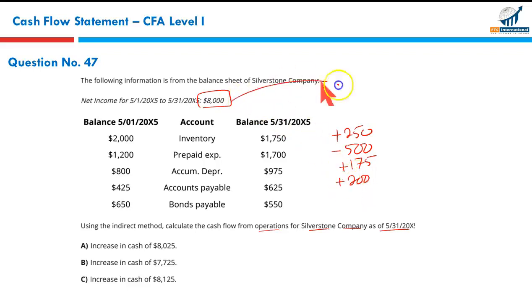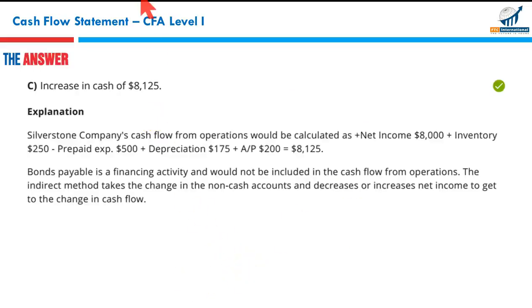So simplify these all. $8,000, to this add 250, deduct 500, plus 175 plus 200. So total of 8125. This is the cash generated from operating activity. So that makes C the correct option. C it is.